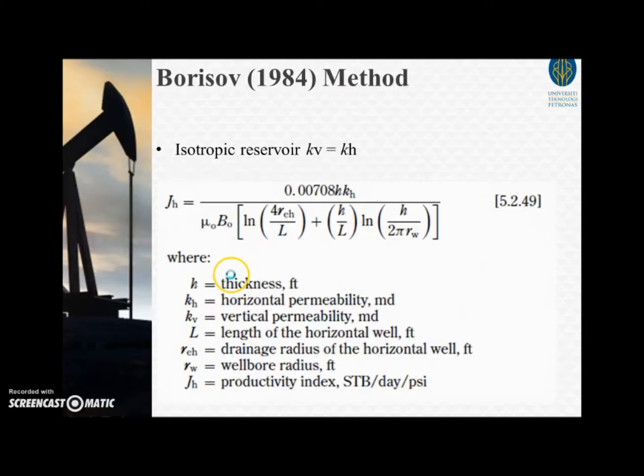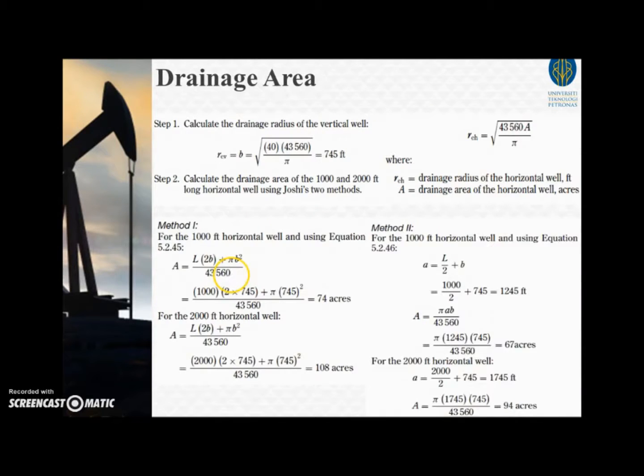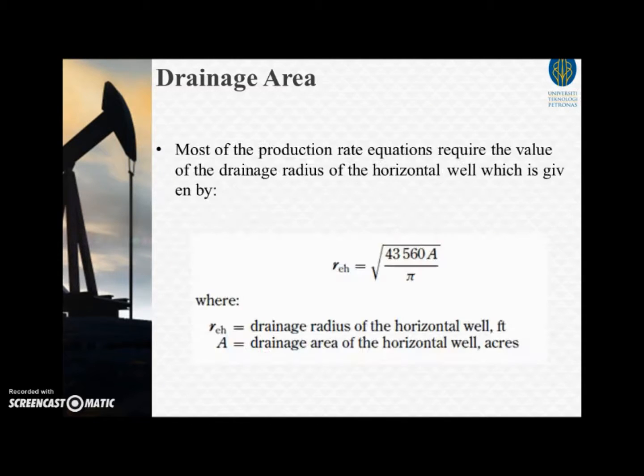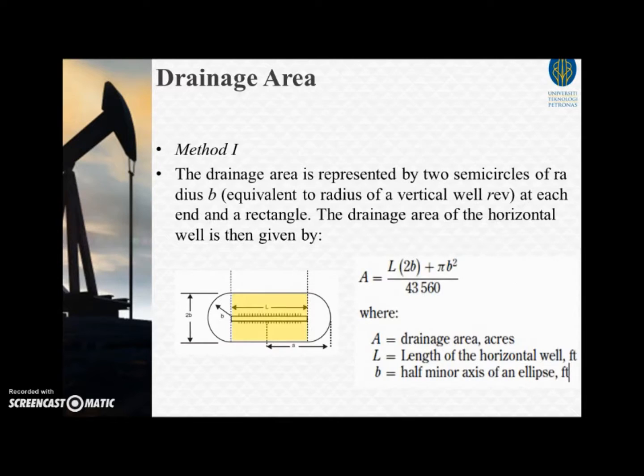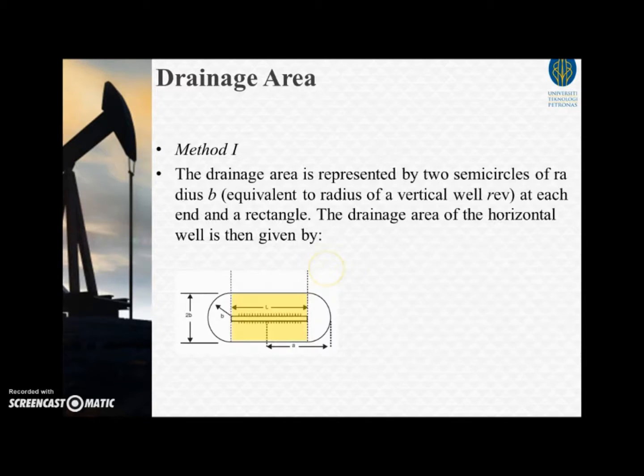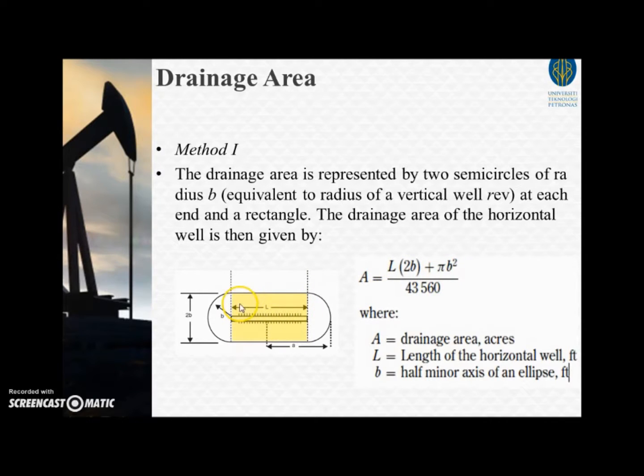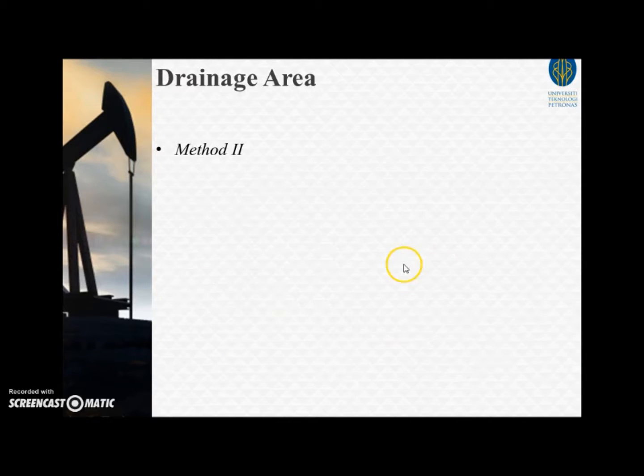Let's take a recap of what we learned in my part. First, we learned about the two methods in calculating the drainage area, where the first one is L times 2b, the area of the rectangle, plus pi times b squared, which is the two semicircles combined into a circle.